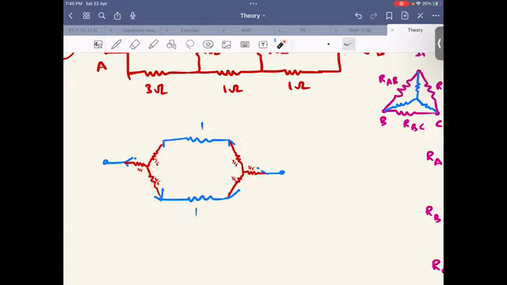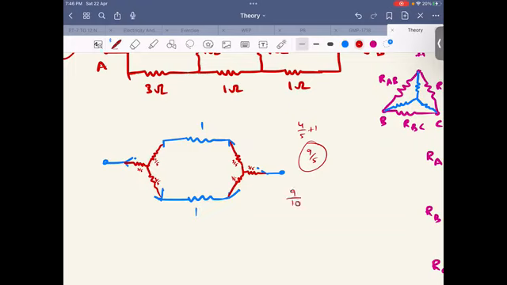So how to do it? 1 by 5 plus 3 by 5 is 4 by 5, 4 by 5 plus 1 is 9 by 5. Now that 9 by 5 is in parallel with this 9 by 5. Half of it will become 9 by 10.